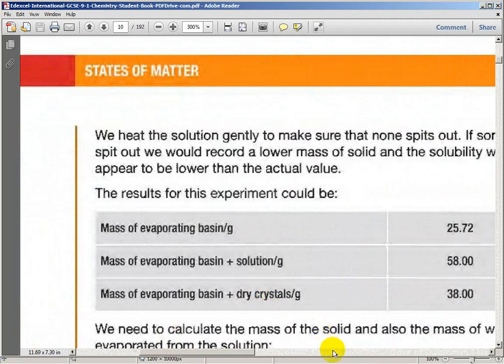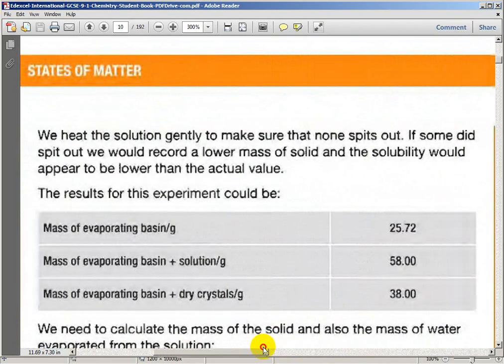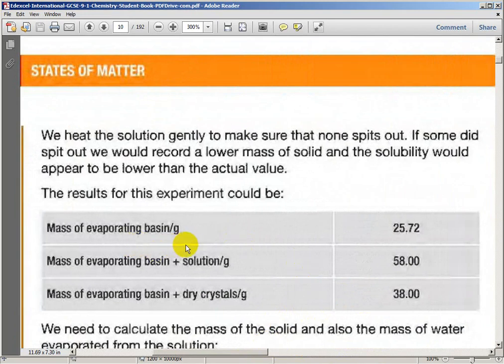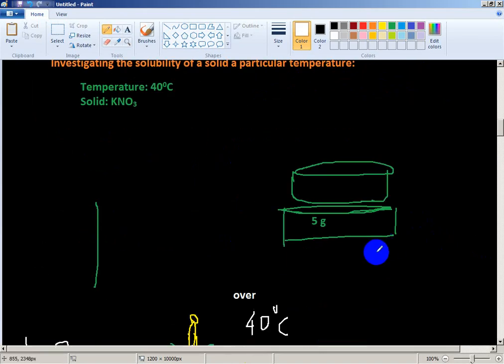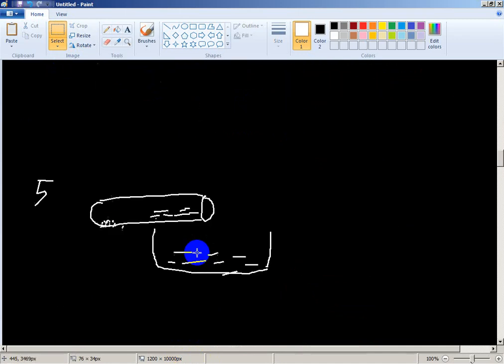At the beginning they found the mass of the evaporating basin. I told this at the beginning. What was the evaporating basin weight at the beginning? I should draw everything.